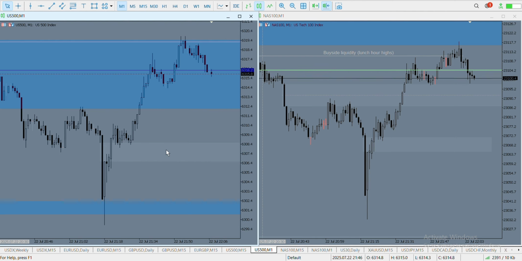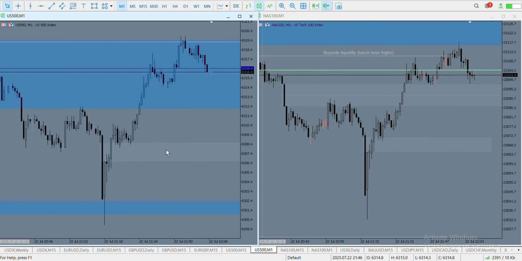It's really difficult to define a session bias in this kind of environment. If I don't know about it, I'm going to say I don't know about it. If I know about it, I'm going to say I know about it. Like Friday, I knew that we were going to go lower.